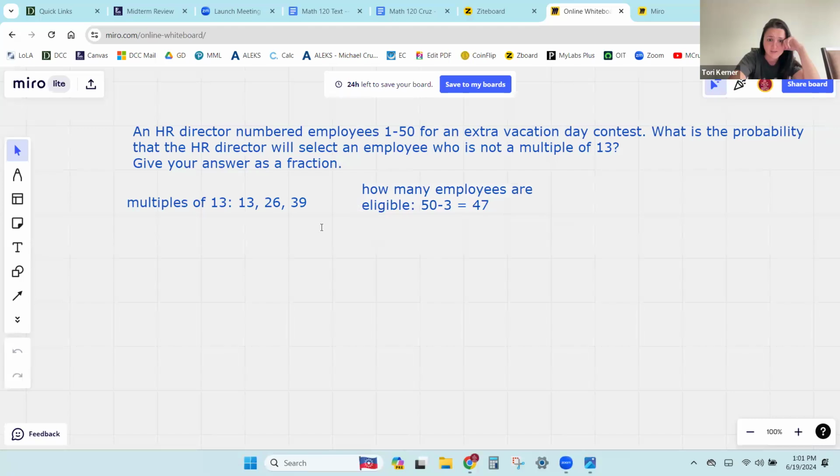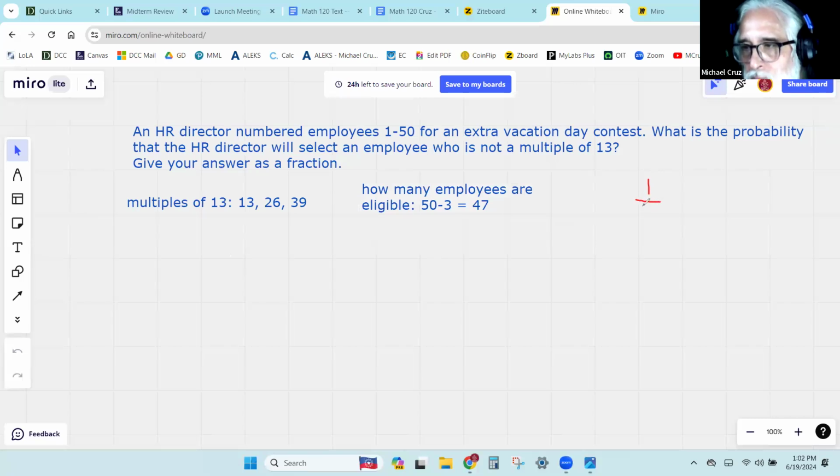But it says to give it as a fraction. Okay, but I'm just identifying the denominator now. So then the fraction, she's only going to select one of them. So that should be it.